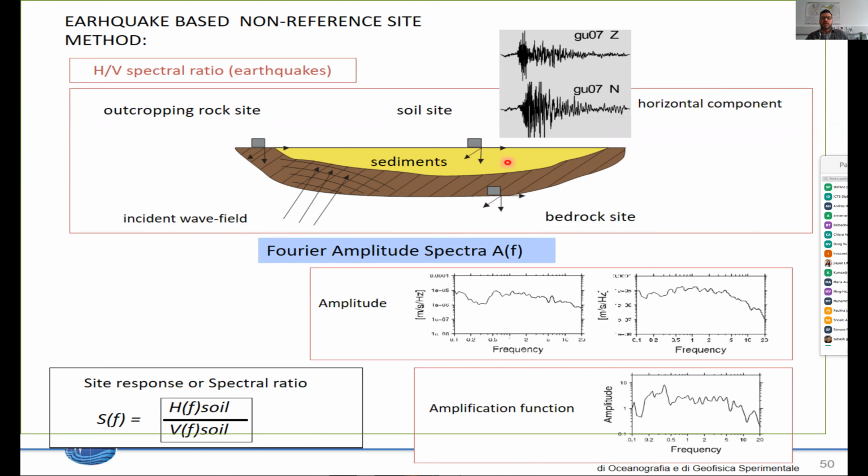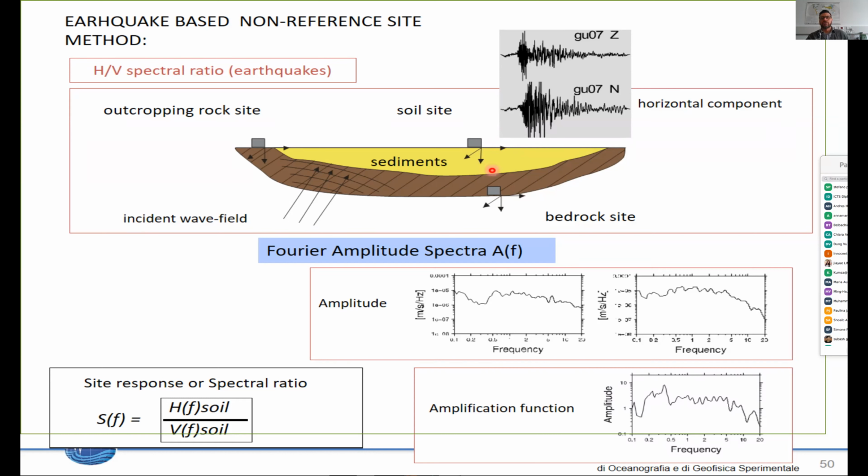Therefore, if I take the ratio between the horizontal component at the surface and the vertical component at the surface, it's very similar to the ratio between the horizontal component at the surface and the horizontal component in the underground, which is my reference.